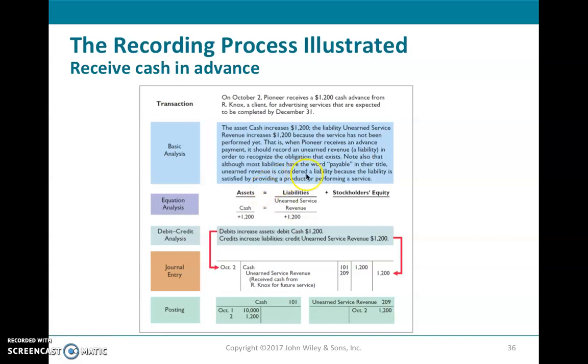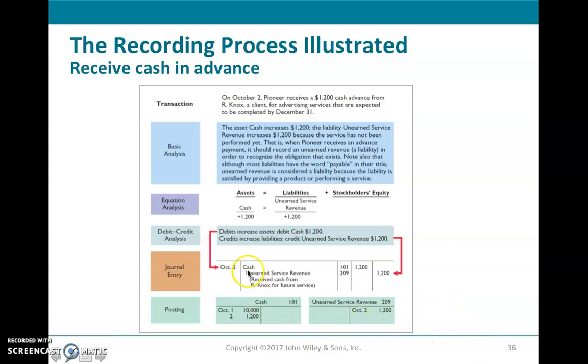The name of this liability is different. It's called unearned revenue. Unearned because we haven't done the job yet, so we haven't earned it. Even though the title has revenue in it, it is not a revenue. It's unearned. It means we still owe money to the client or the service.